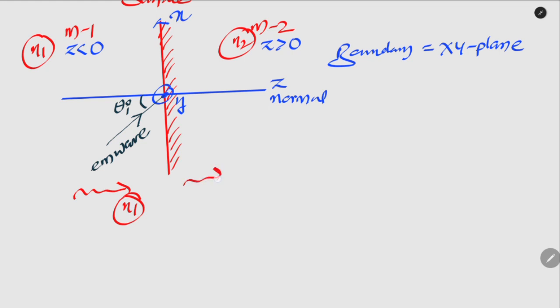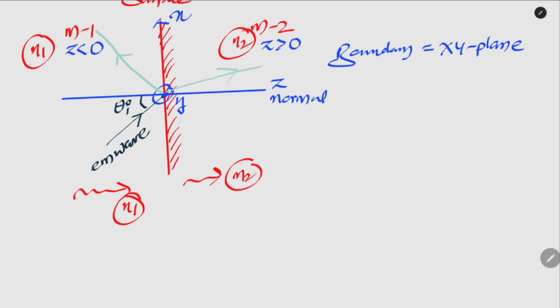But whenever it enters into medium 2, it sees the impedance eta 2. Eta 1 is completely different from eta 2. So when the wave sees a different impedance, a certain intensity of that wave will be reflected into the original medium like this. So this is the reflected wave. But the remainder will be transmitted into medium 2. That is this one.